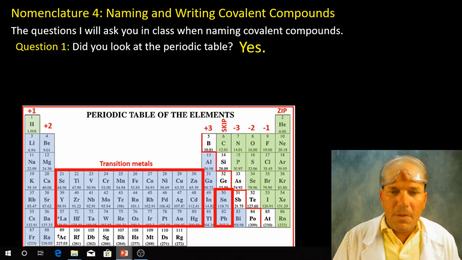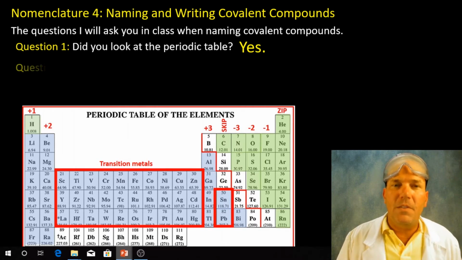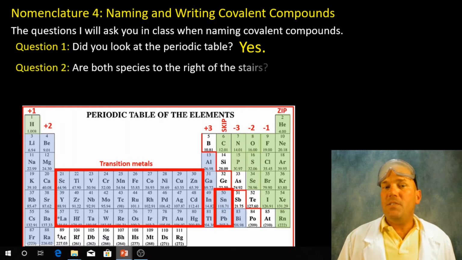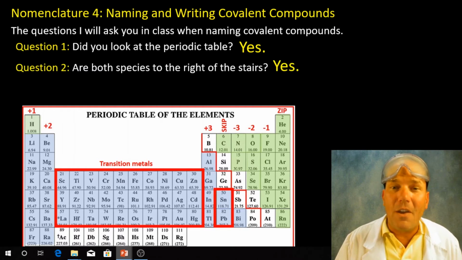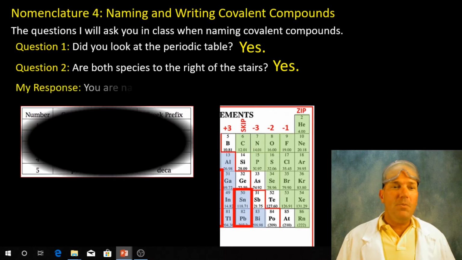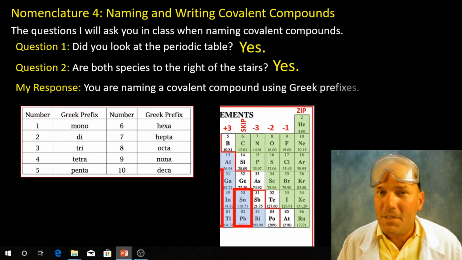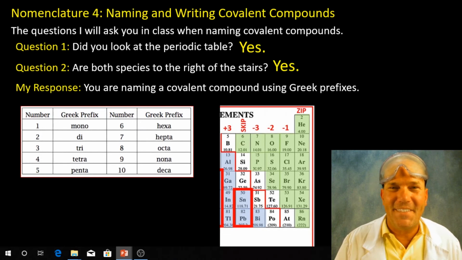If you look at the periodic table, a lot of times you will avoid those careless mistakes. Are both species to the right? In this case, yes, they are. Then here's what you're doing. You are simply naming covalent compounds using Greek prefixes.